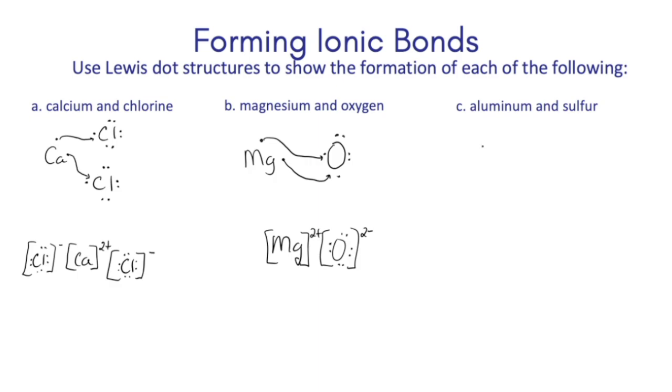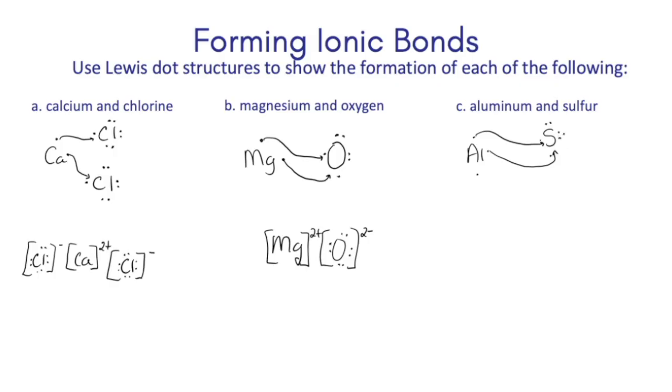The next one is a bond formed between aluminum and sulfur. Aluminum is in group 13 and has 3 valence electrons. Sulfur is in group 16 and has 6 valence electrons. This first electron for aluminum can transfer here, and the second electron for this aluminum can transfer here.